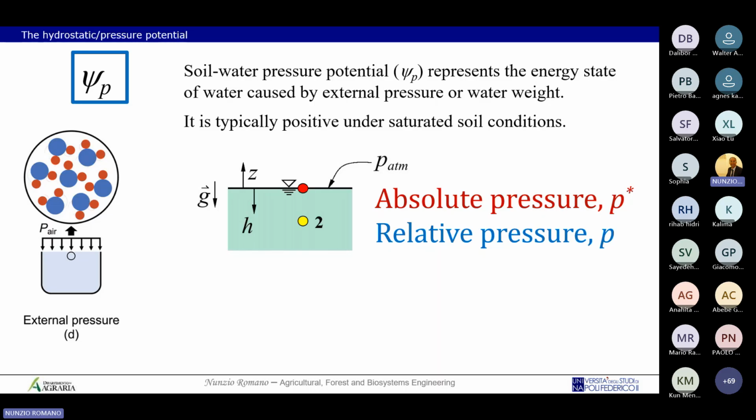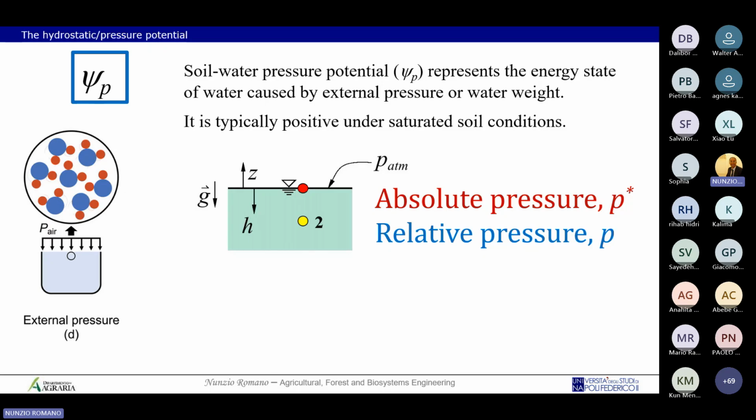This potential represents the energy state due to the external pressure or because of the weight of water over a point. And I try to make an example just to simplify, to make this concept clear, I do hope.